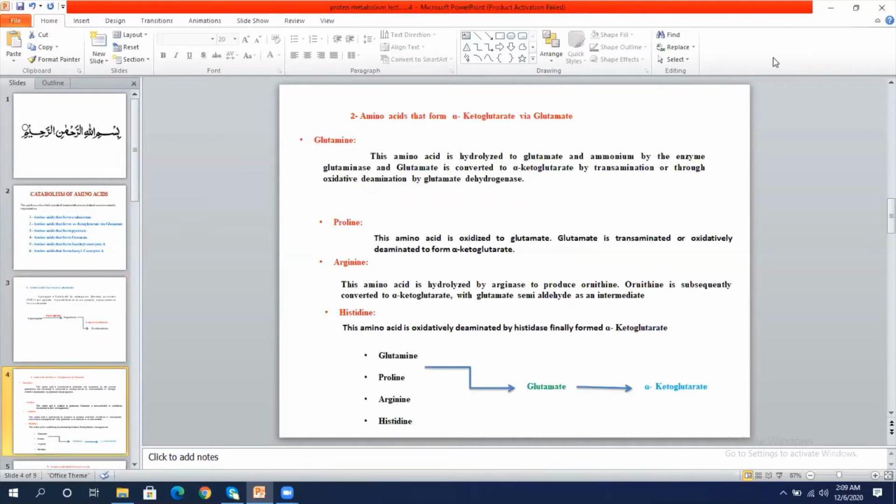The second way, in which four amino acids, that is glutamine, proline, arginine, and histidine, form alpha ketoglutarate via glutamate.